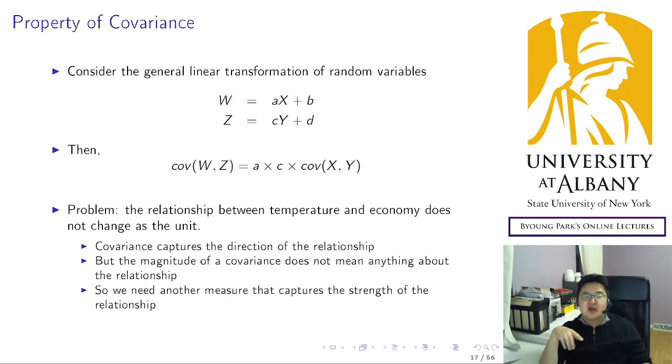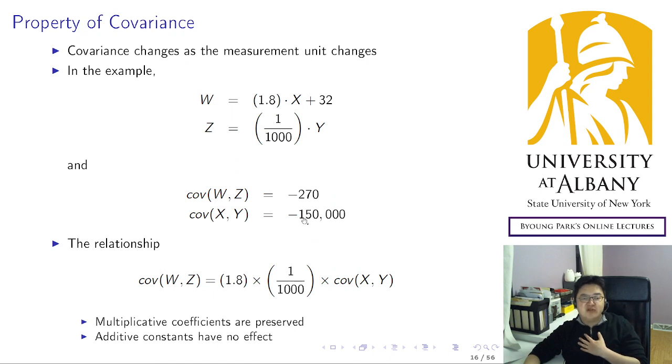So we are going to modify the measure. Also, you have to keep in mind that the magnitude of a covariance doesn't mean anything. For example, 150,000 or 270 are basically the same relationship. The scale does not make any difference. The magnitude, the size, the absolute value means nothing. In covariance, only the direction matters.